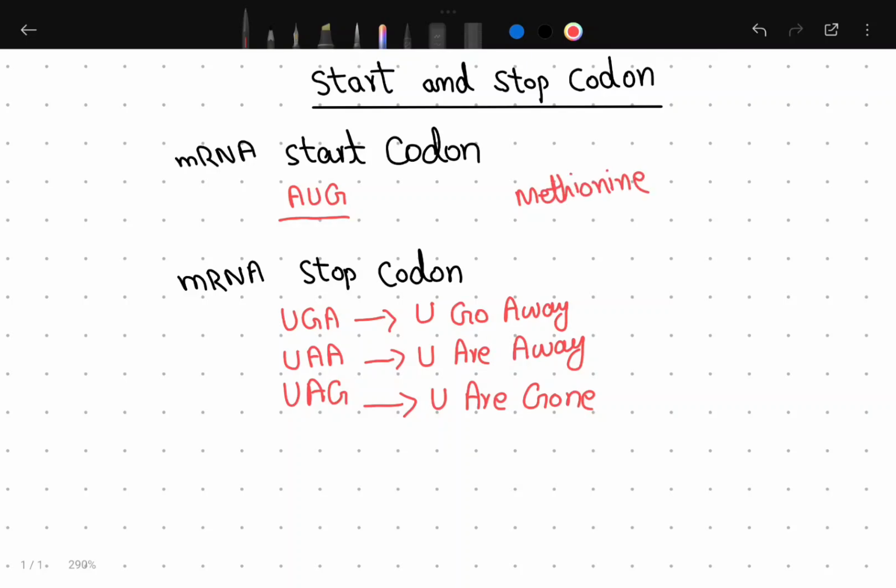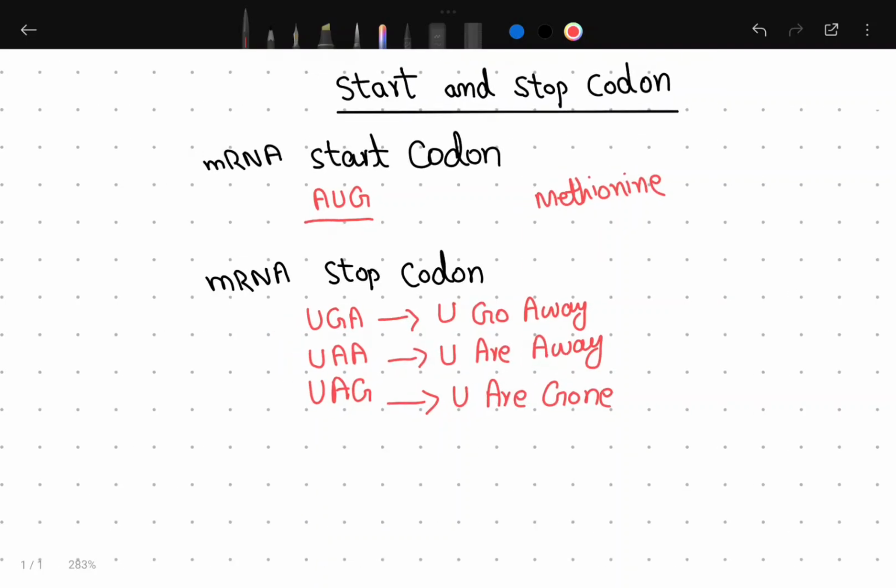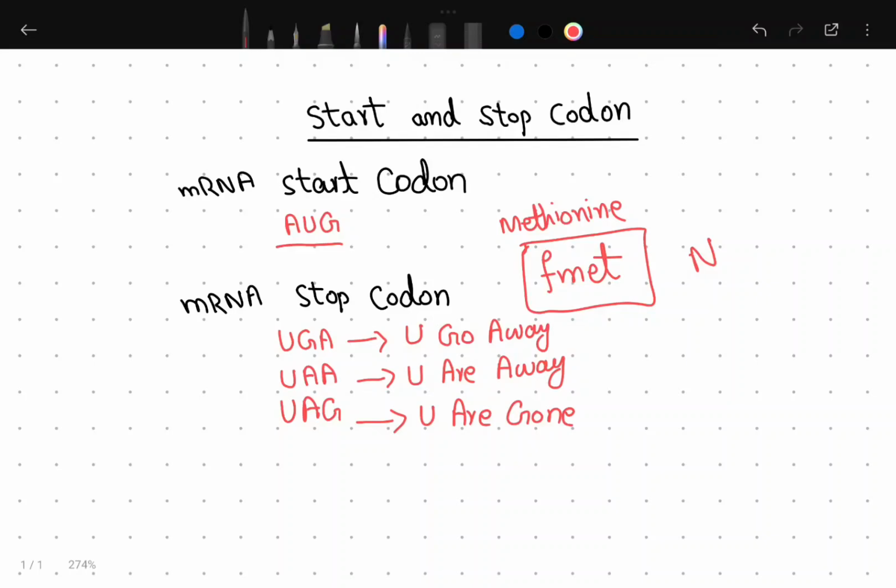In prokaryotes, the mRNA start codon AUG codes for N-formyl methionine, also known as fMet. This N-formyl methionine stimulates neutrophil chemotaxis.